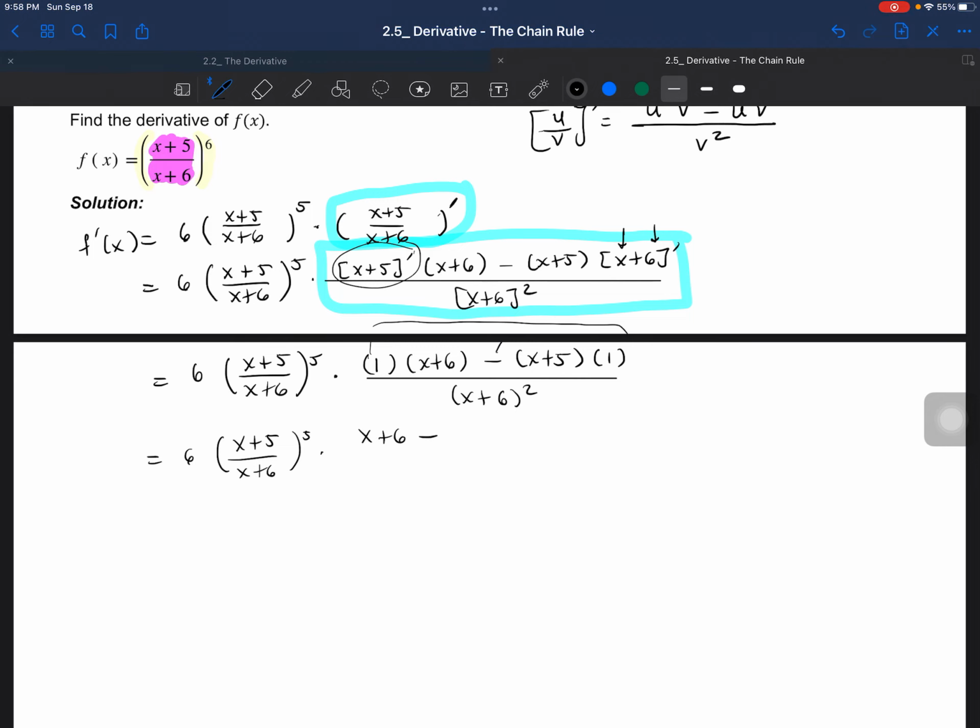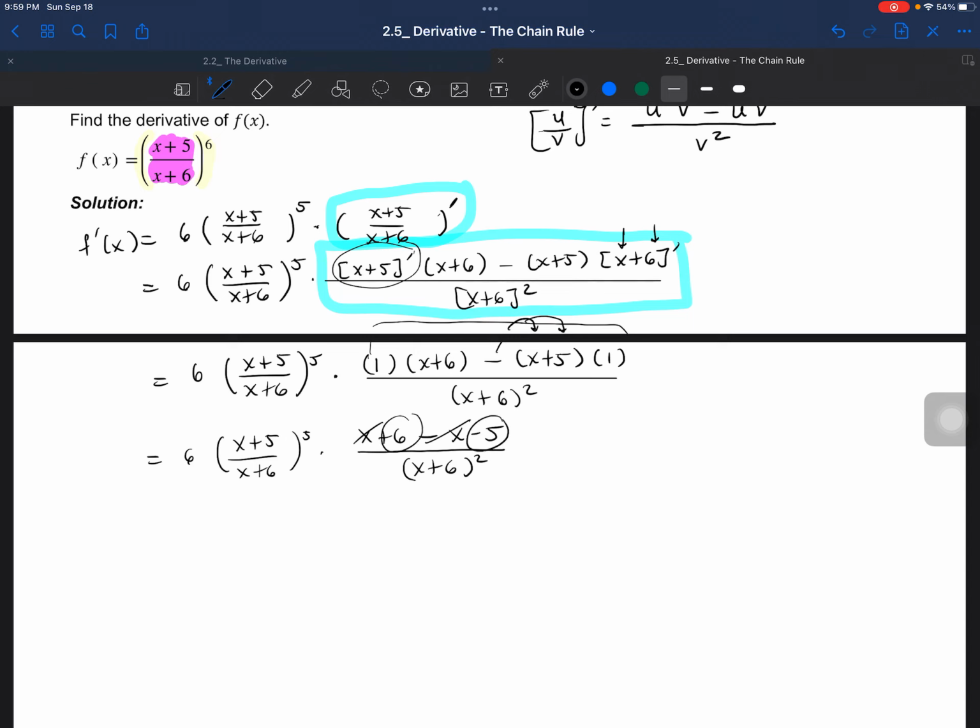So we need to distribute this negative. It'll be negative x minus negative 5, or minus 5. You can just leave the square on the bottom as a square. We don't have to do anything about that one. And combine like terms, those cancel each other out.